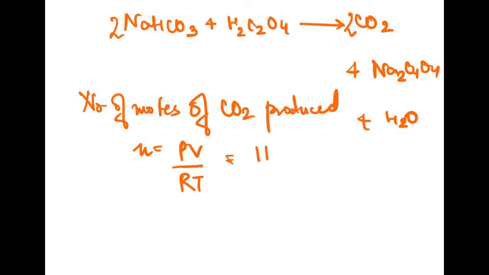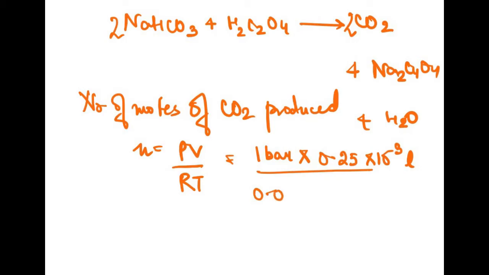So, pressure is mentioned as 1 bar, volume 0.25 into 10 to the power minus 3 liter. Why? Because it is mentioned in ml. Right? And then we have R as 0.0821 into 298 Kelvin.